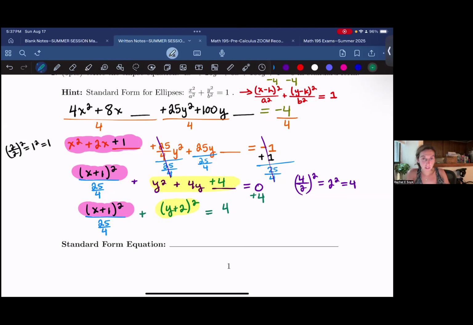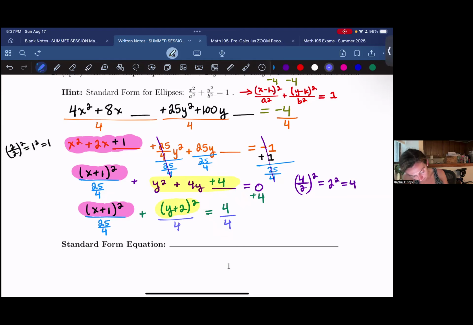Now, our very last step is we want this right-hand side to be 1, so we're going to go ahead and divide both sides by 4.